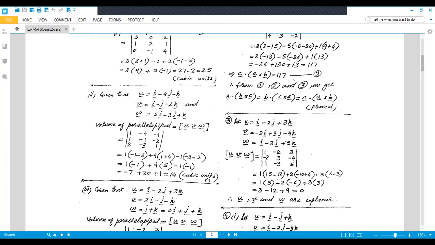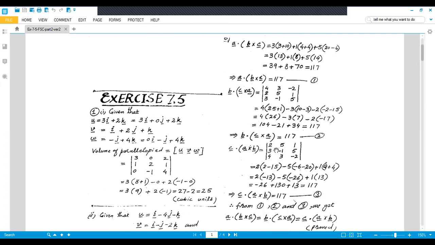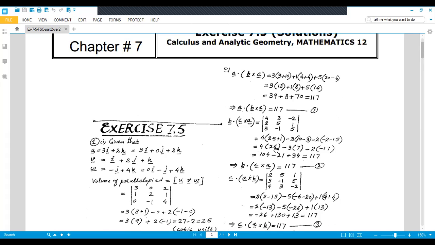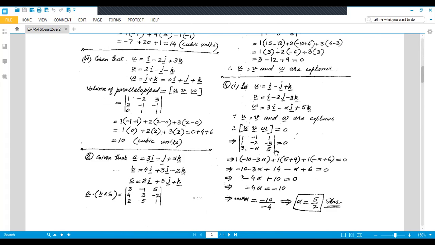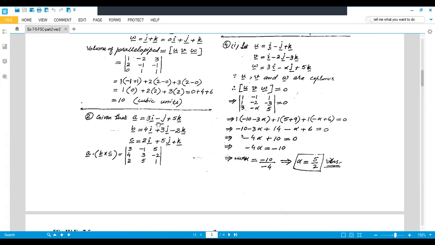Now come to question number 2. In question number 2, you are given A as 3i minus j plus 5k, B as 4i plus 3j minus 2k, and C as 2i plus 5j plus k.